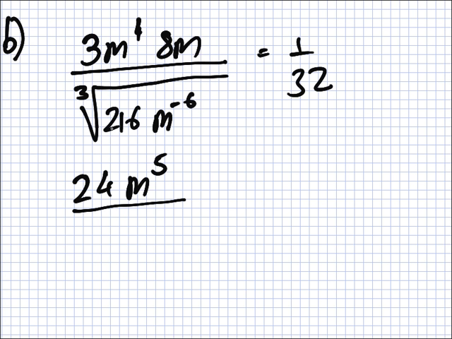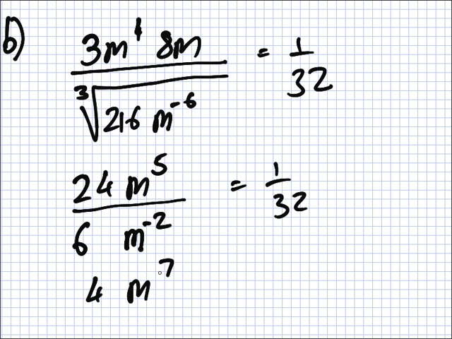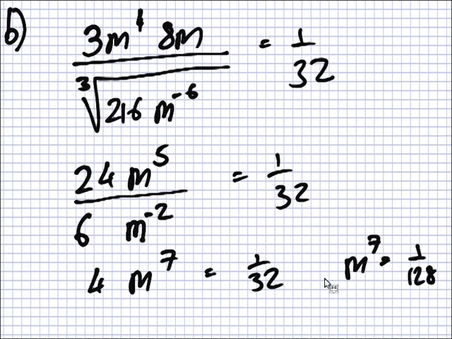What's the cube root of 216? It's 6, and then the cube root of m^(-6) is m^(-2). And 4m^7 equals 1 over 32. So I don't have to use logs. m^7 equals 1 over 128, so m is a half.